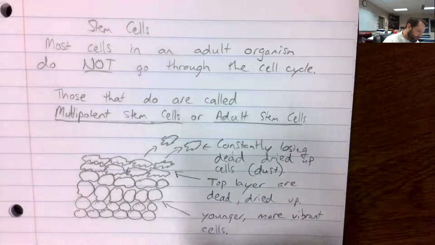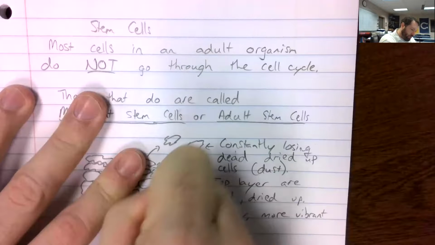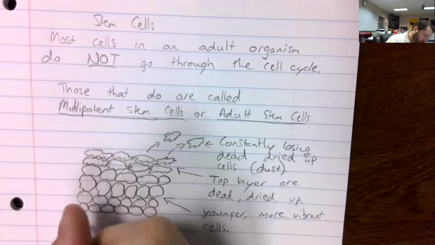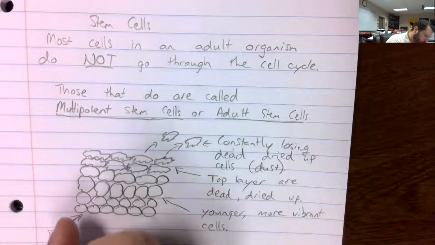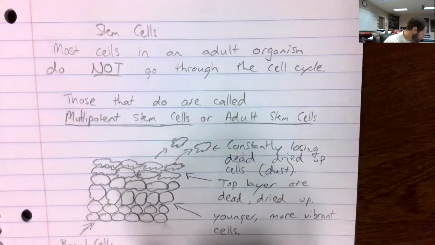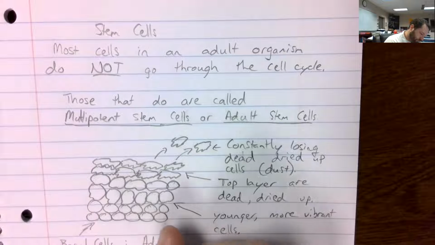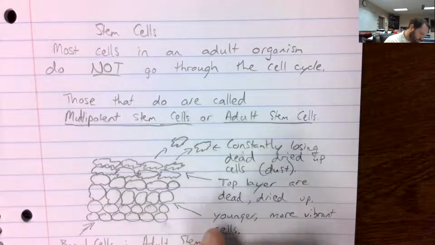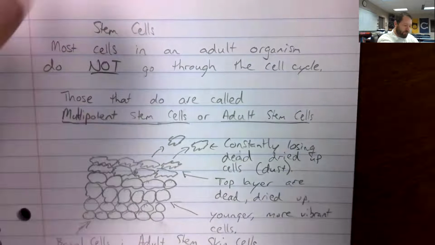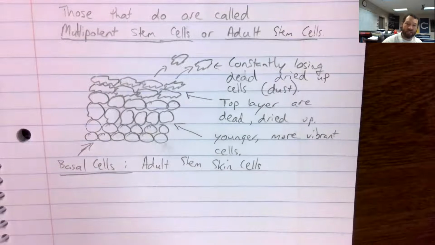Well, at the very bottom, come over here. So you want to do something with that particular cell right there. Over here, the very bottom is your basal cell layer. And your basal cells are your adult stem skin cells.